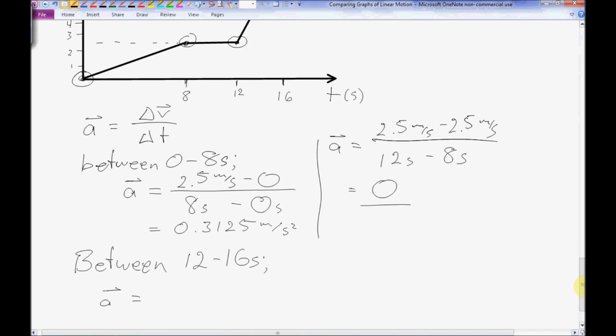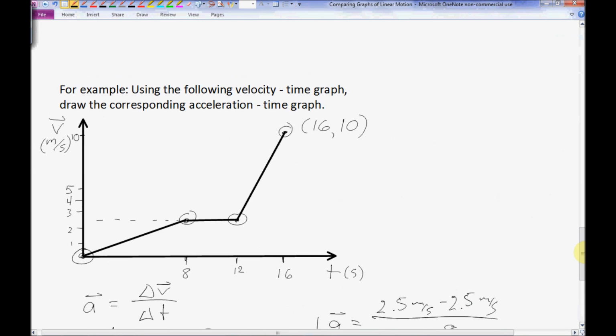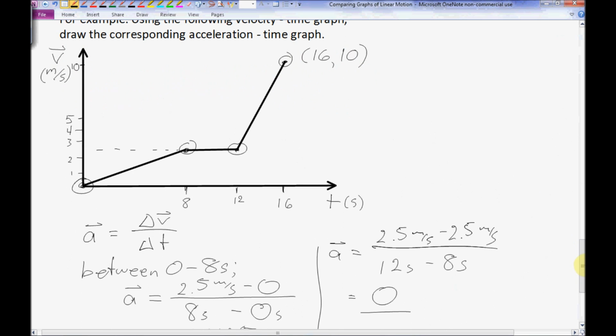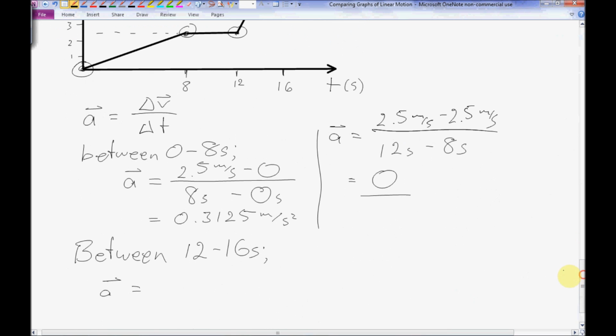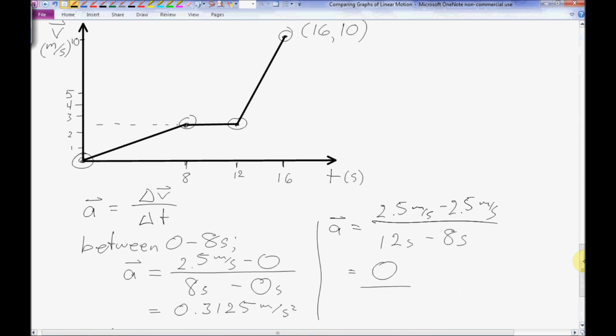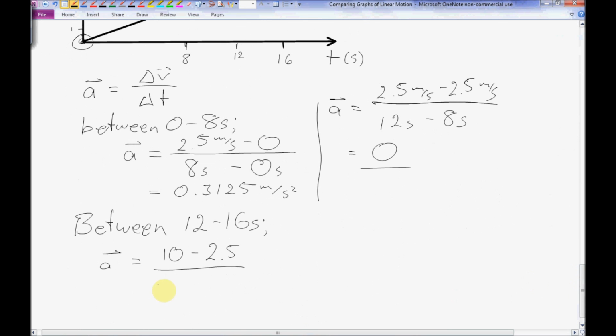So the slope here is going to be 10 minus 2.5 divided by 16 seconds minus 12 seconds. This is in meters per second in the numerator there.